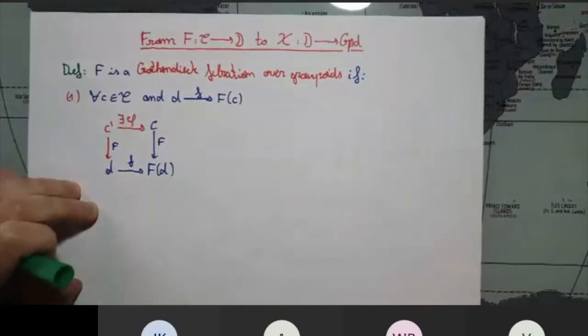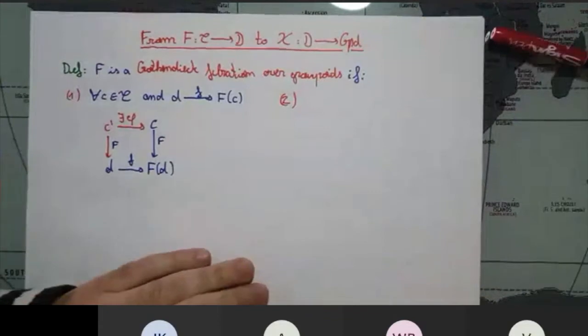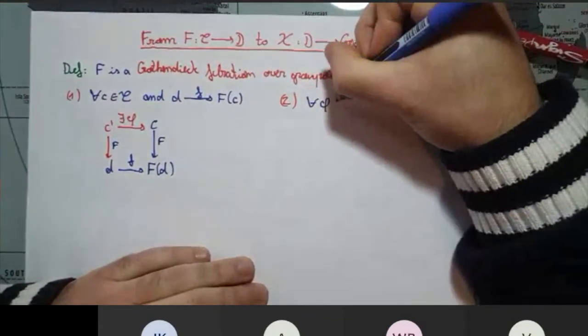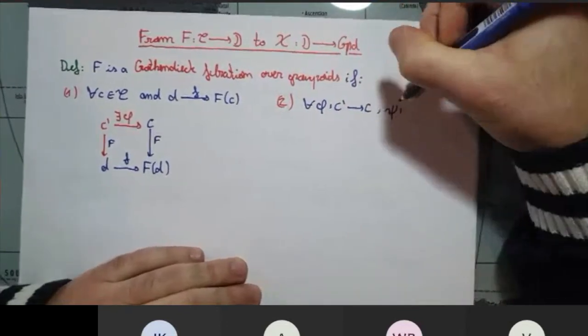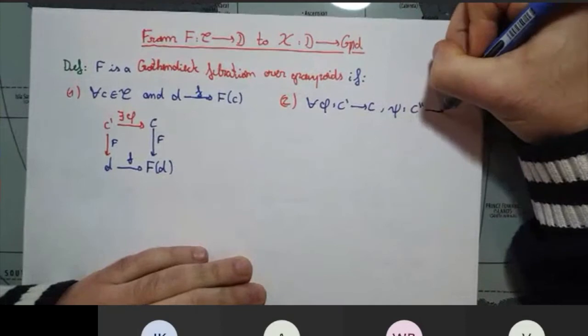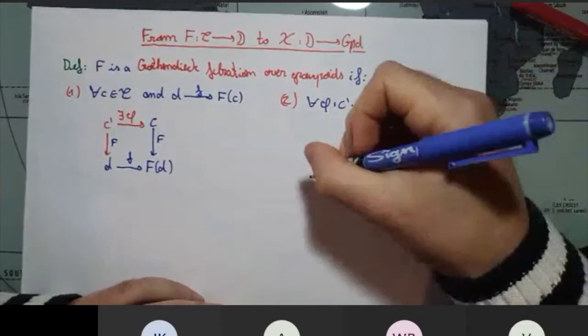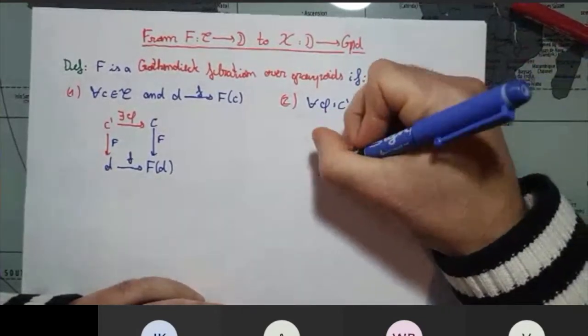and the second condition is that for every pair of arrows in C, then we can lift, well, we can find a filler for this.